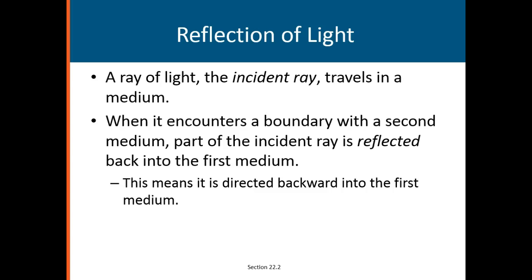Now, the light from this bulb up here in this projector is coming down, hitting the board here, and bouncing off and heading toward your eyeballs. That's why, when you look at this, you can see the figure. When it encounters a boundary with a second medium, part of the incident wave is reflected. This means it is directed backwards into the first medium. Said that twice, I think.